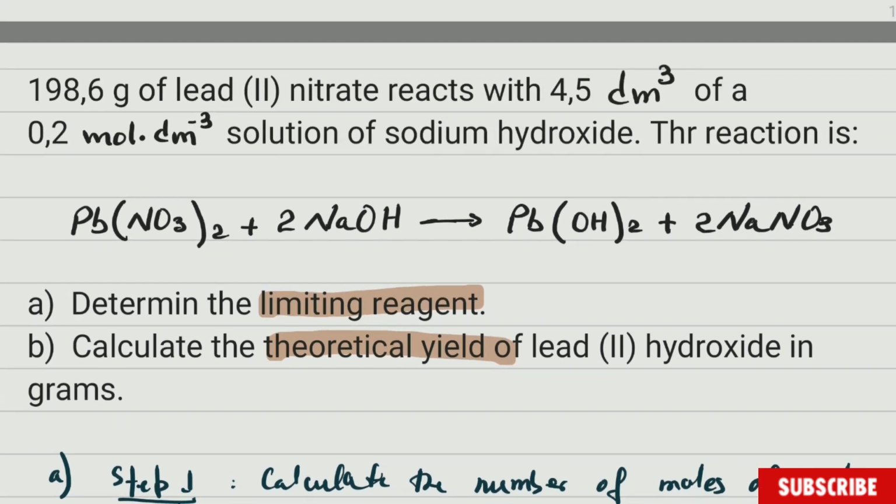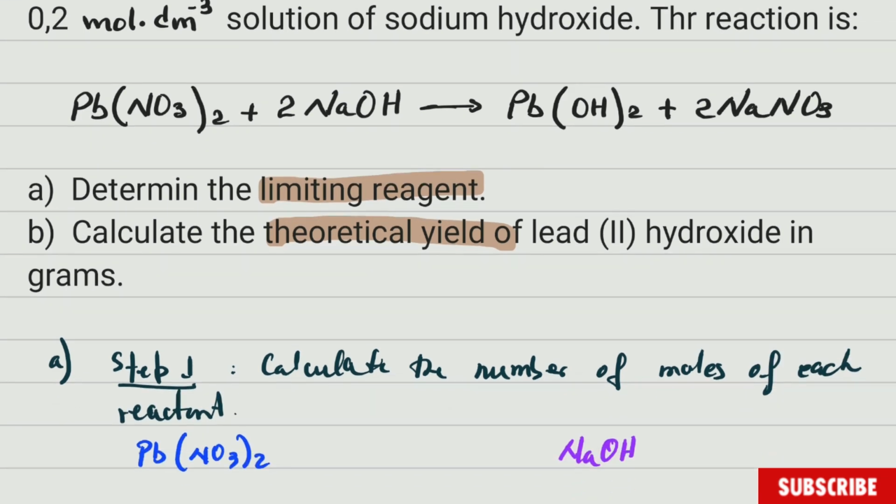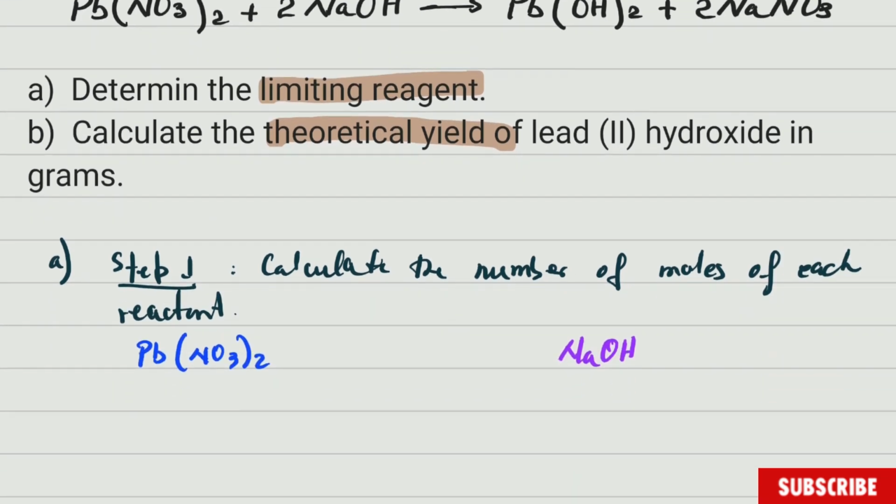We know, for instance, for lead(II) nitrate, we have the mass in grams, which is equal to 198.6 grams. That's all we have. And then for the sodium hydroxide, we have a little bit more information.